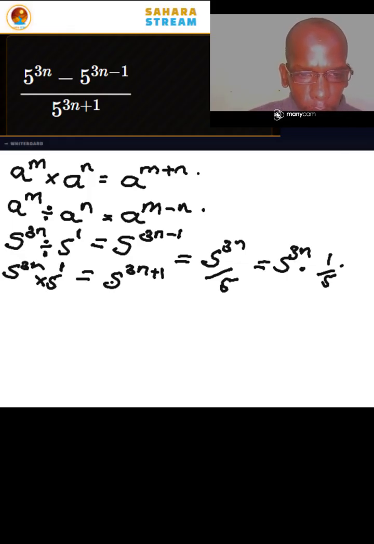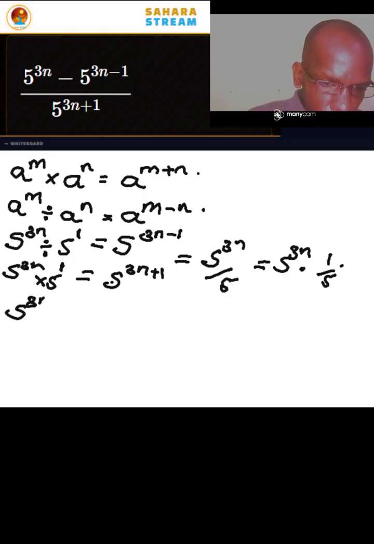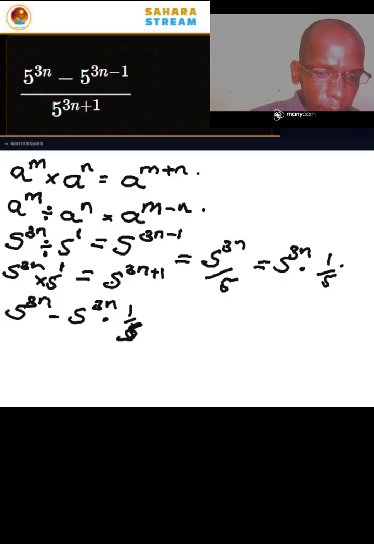We start with the numerator, where we have our original 5 raised to power 3n, minus 5 raised to power 3n multiplied by 1 over 5. But you see, 5 raised to power 3n and 5 raised to power 3n are common, so I can factor them out and say it's 5 raised to power 3n into 1 minus 1 over 5.